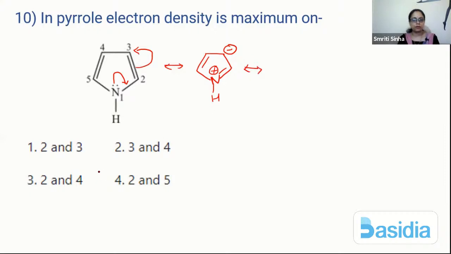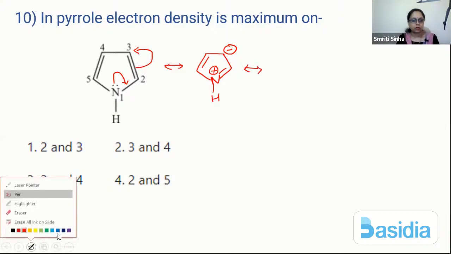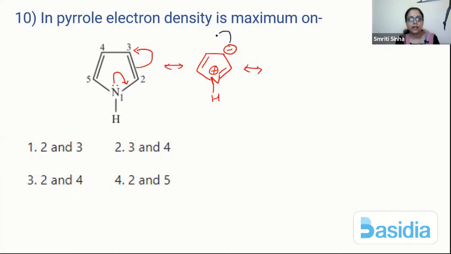In the next one, you can move this negative charge here, and this double bond over here, or the negative charge over here.